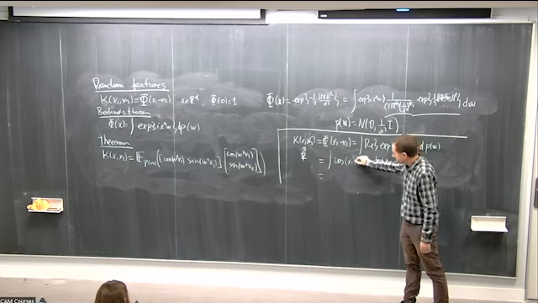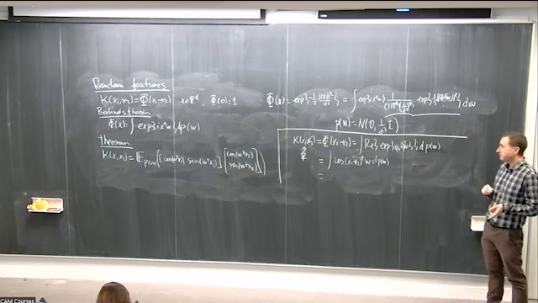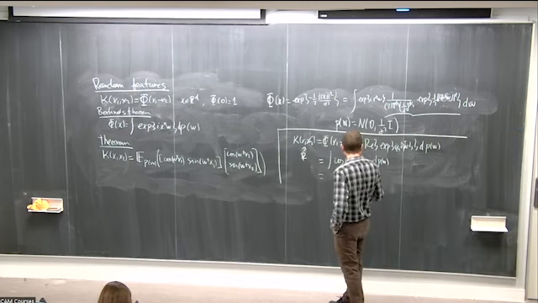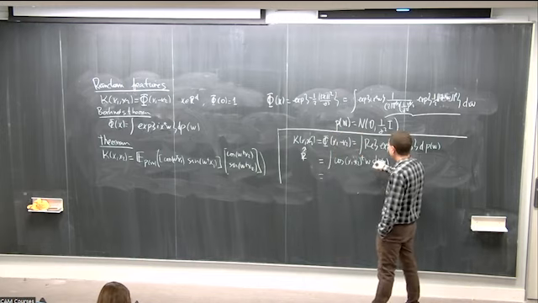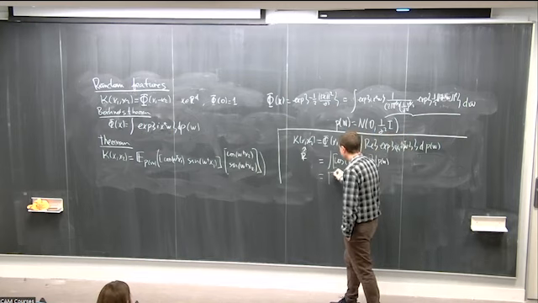The cosine of the difference is cosine times cosine plus sine times sine. And in addition, I'm going to change the integral notation with expectation notation, right?